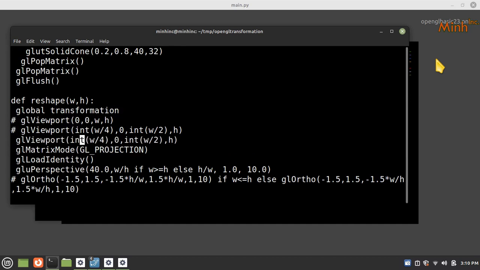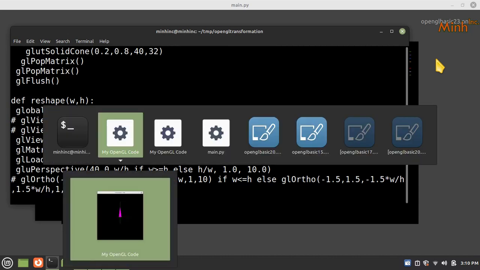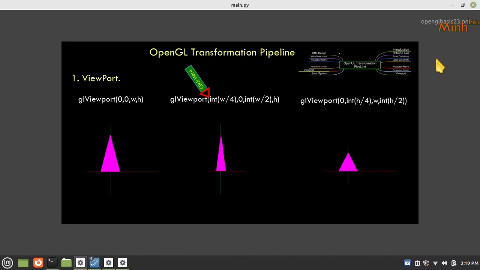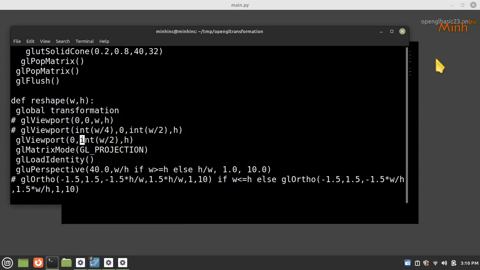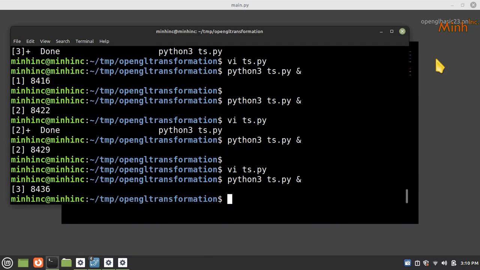Now we'll keep it as 0 and height will change. I think that is the code. Height is int H by 4 and width is the same. So height we are decreasing, keeping width the same.